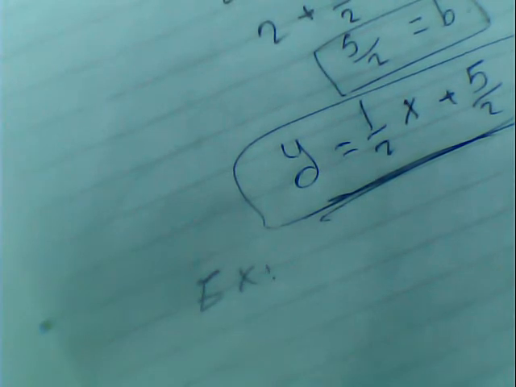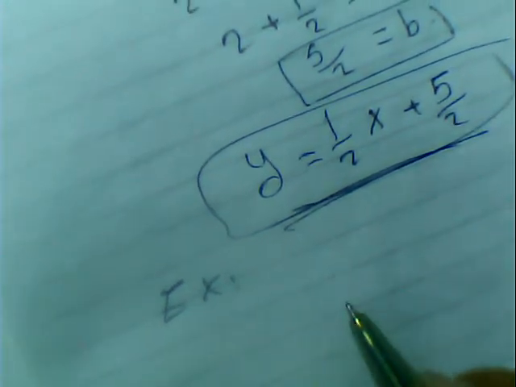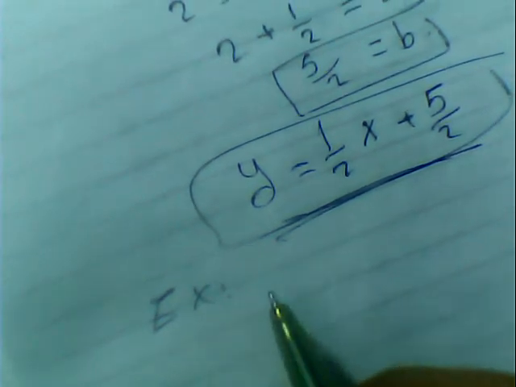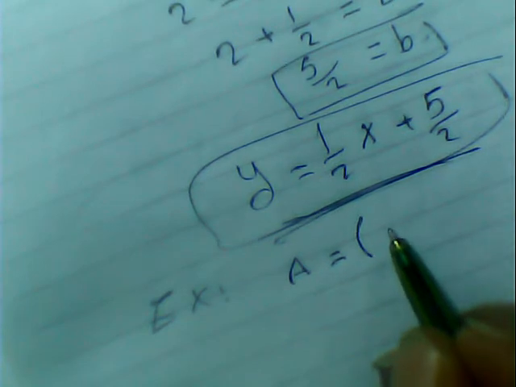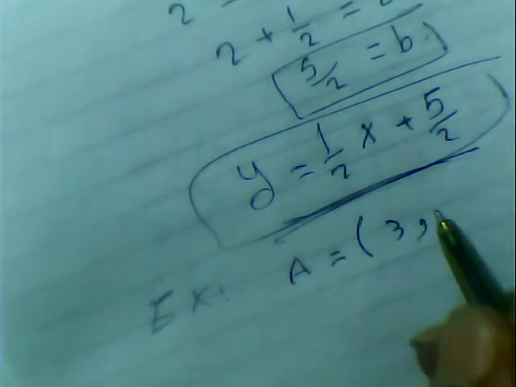We can have another exercise. We need to find the equation for a line through A equal 3 and 5.